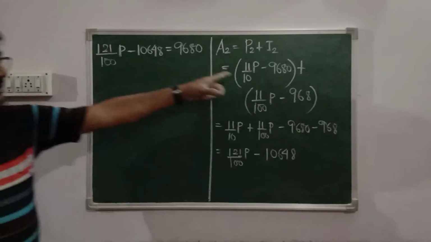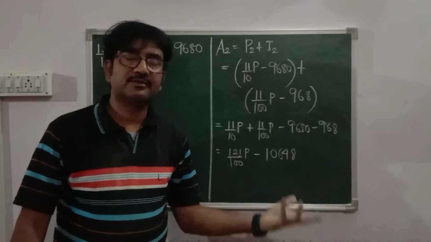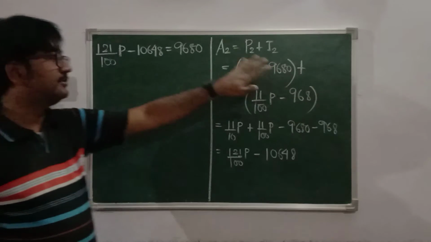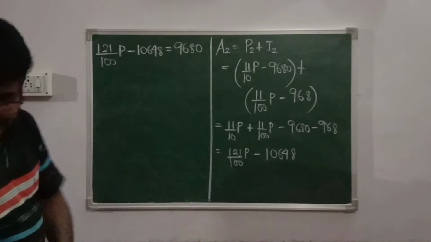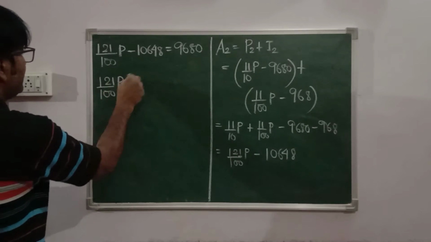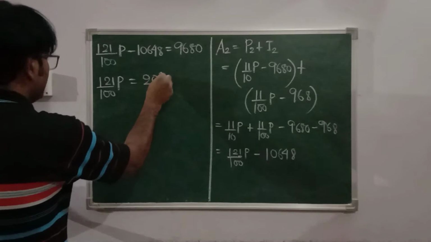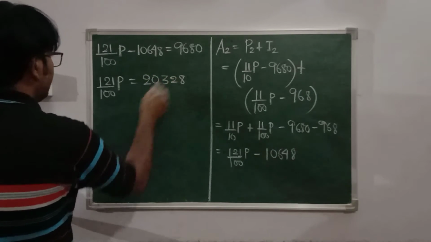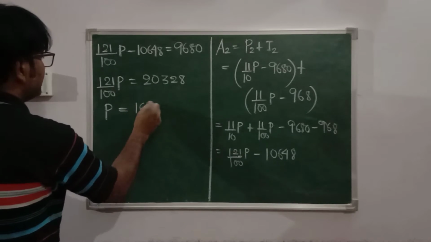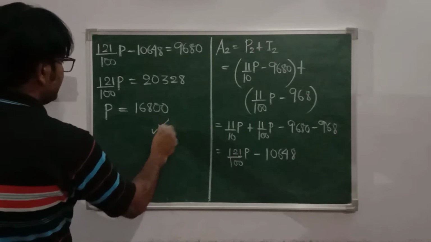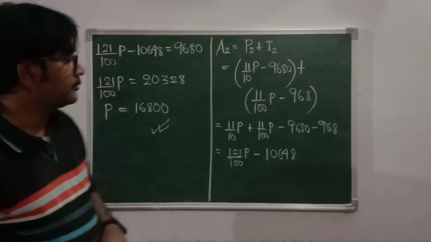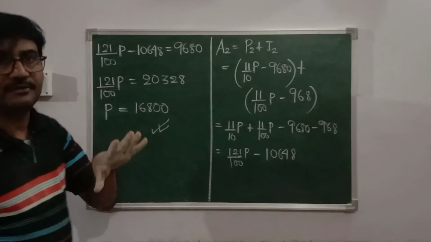The amount at the end of the second year is the amount he has to pay, and he has paid 9680. If you solve this, 121 by 100 P comes to 20328. So P comes to 16800. So this is your sum. The sum borrowed by the man is rupees 16800, right?